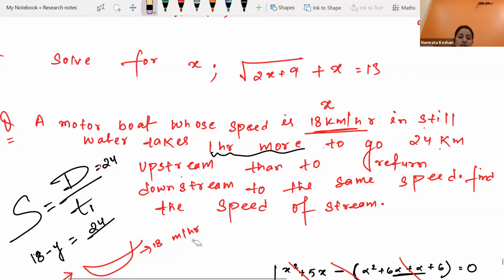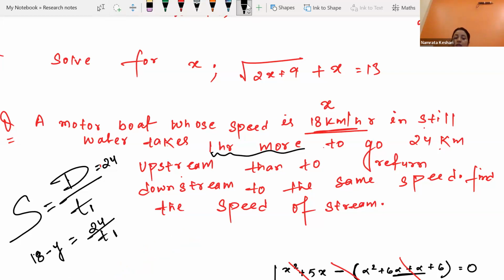Let's write the downstream scenario also. Here the comparison between the times is given, 1 hour more than that case, so I am writing time as it is. This is the upstream case. Clearly you can see I have written 18 minus y over here.